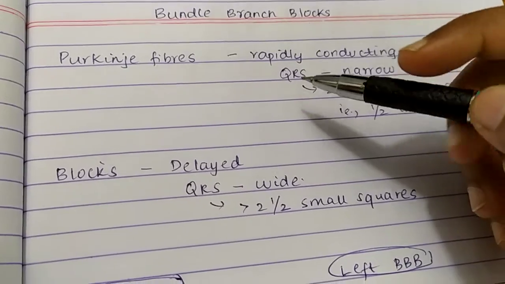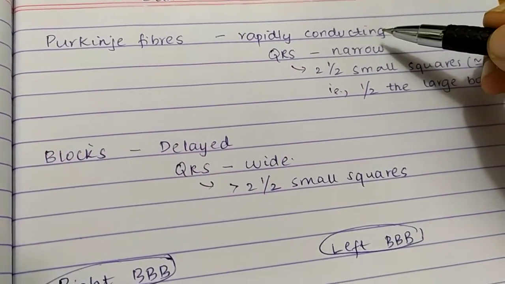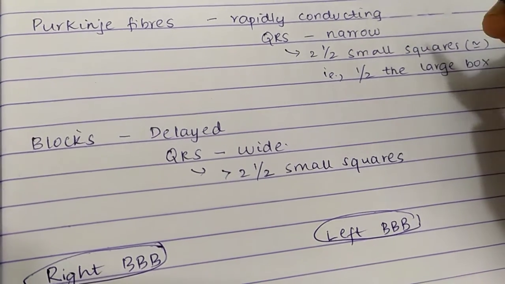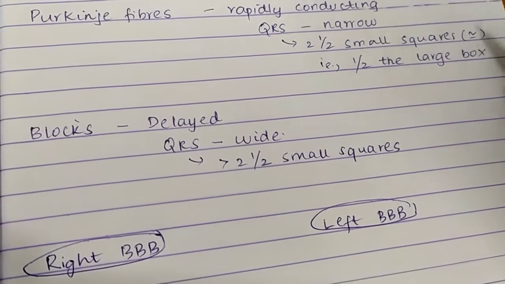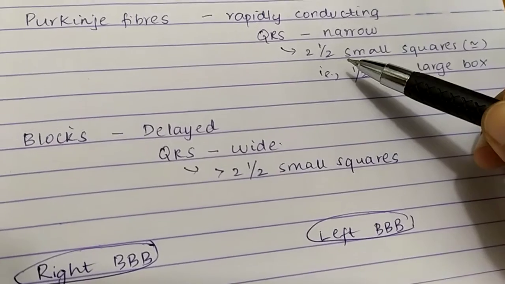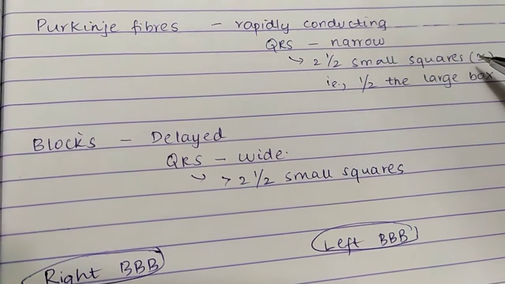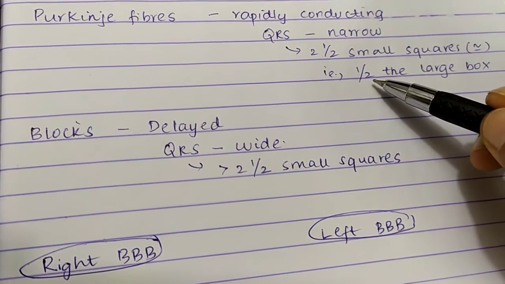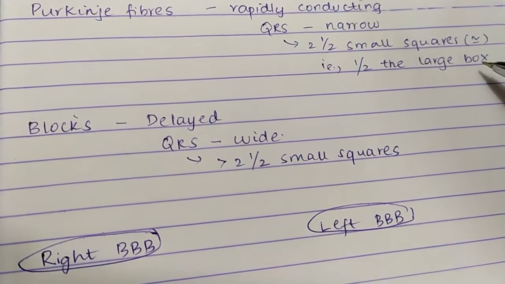Since the Purkinje fibers are the rapidly conducting tissues in the heart, conduction through such a tissue produces a very narrow QRS on the ECG strip, which usually measures approximately 2.5 small squares, which is half of the large box.